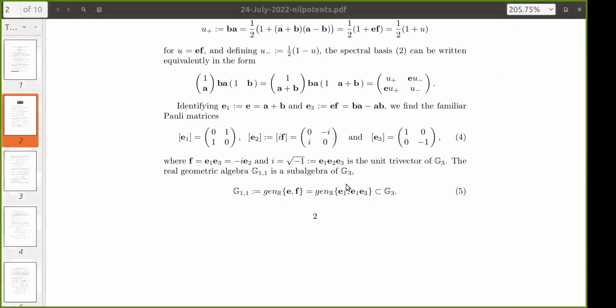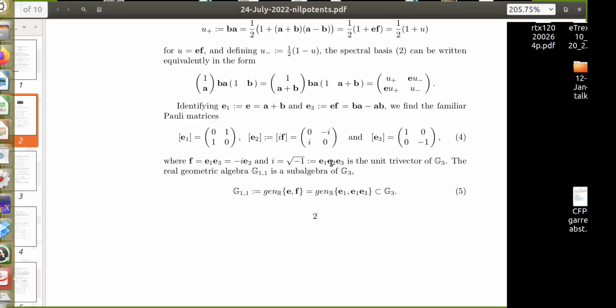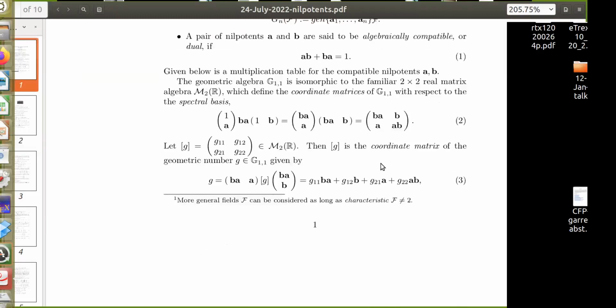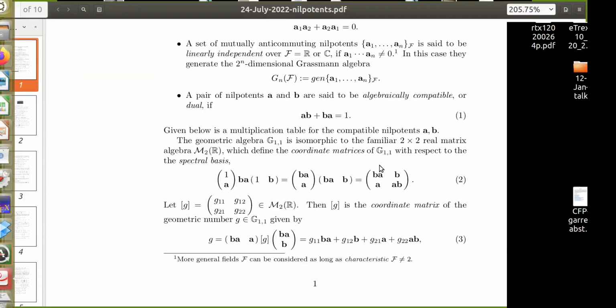Because my question is, I think that if we go back to the page before where there are the principal definitions, one can say that the notation here in the product AB plus BA equal 1, we can think of this as one split of the space.